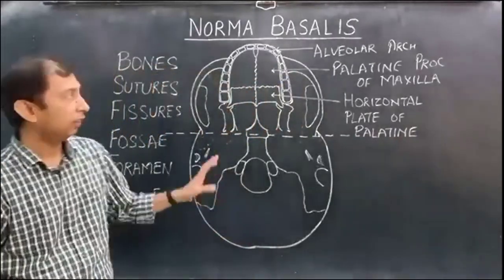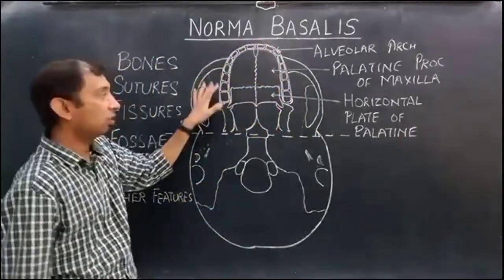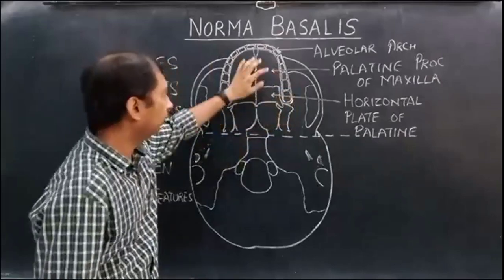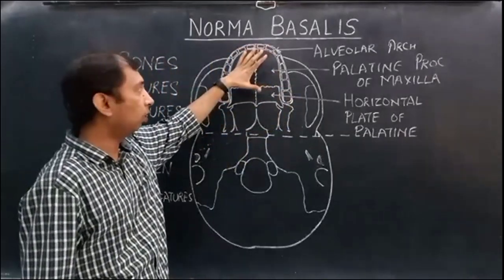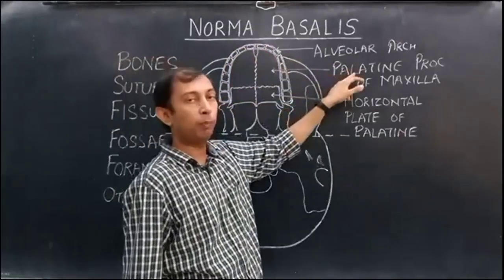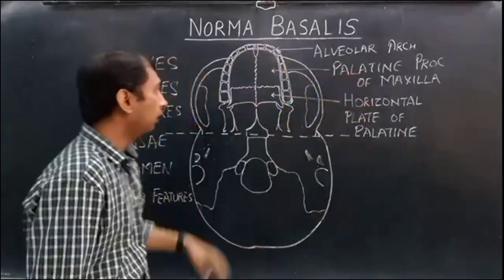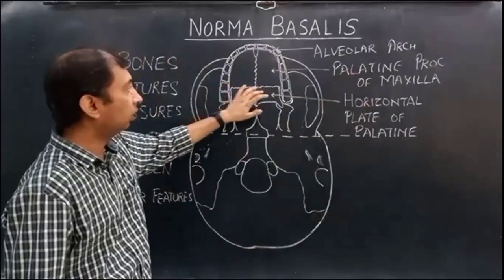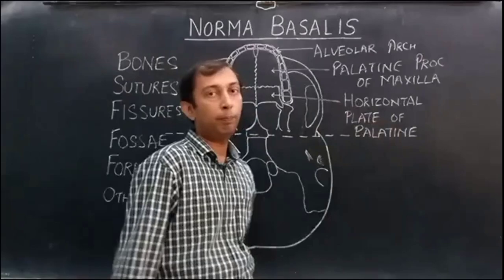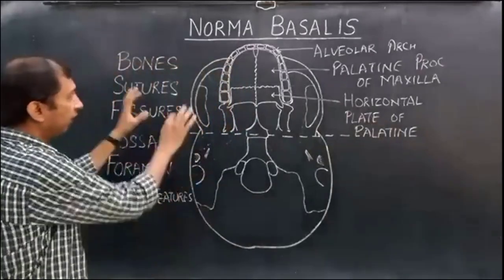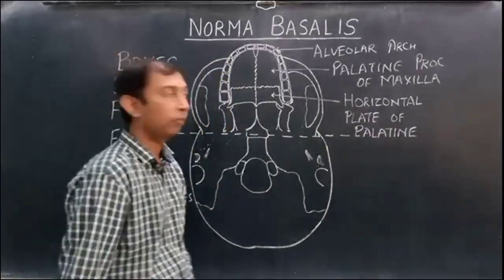So basically, we have the alveolar arch of the maxilla. Then anteriorly, the 2/3 part of the hard palate is made up of the paired palatine processes of the maxilla, and posterior 1/3 are the paired horizontal plates of the palatine bone. So we have identified these bony structures.